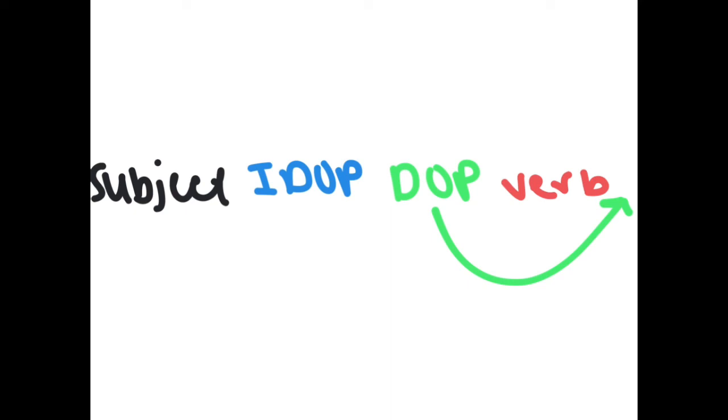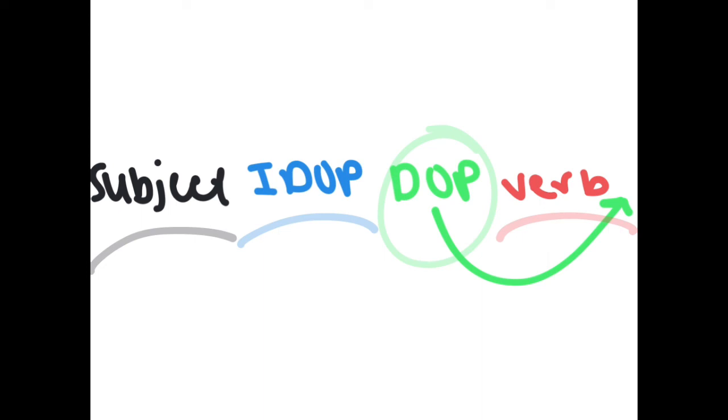Okay, so here's the basic setup. So it goes the subject, then the indirect object, and then the direct object can fall in between. And then you have the verb last. So an example of a subject is just like I, her. So in Spanish, yo, tú, él, usted, nosotros, ellos. That's what the subject is.